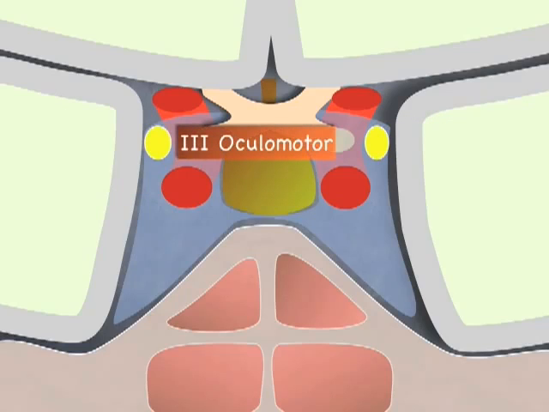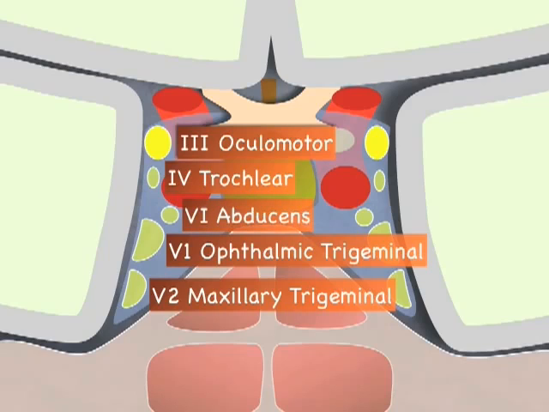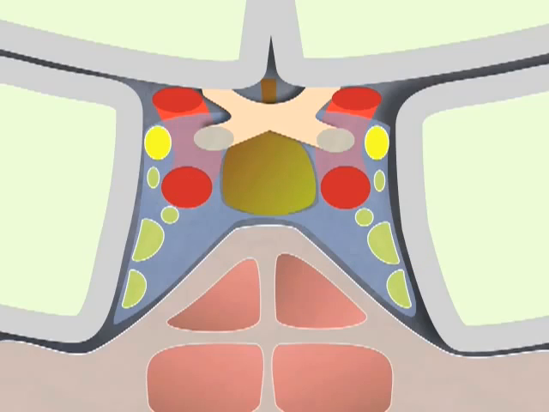Laterally, the oculomotor nerve sits against the lateral wall, as do the fourth nerve and the upper two branches of the trigeminal nerve. The abducens nerve is more medial and is most often the first nerve to be affected by cavernous sinus pathology. Lesions here tend to affect multiple cranial nerves, although a fourth or sixth nerve deficit can be difficult to demonstrate clinically when combined with a third nerve palsy.